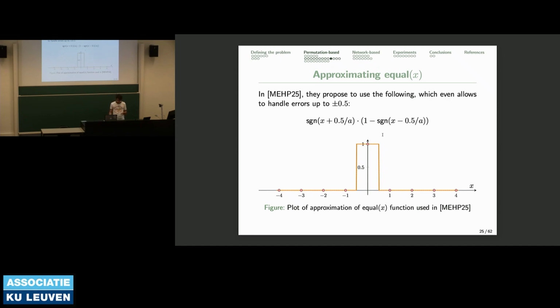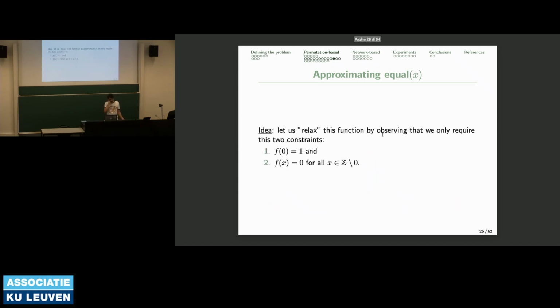So the idea is, let's try to relax this function, because we require it to be 1 in the origin and to be 0 in all the x that are in Z. I mean, apart from 0, of course.